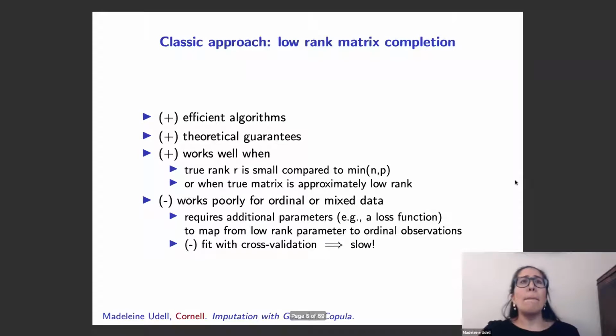So a pretty typical approach to this, and the approach that I would have recommended to you up until this last year, is low rank matrix completion. It has a lot of things to recommend it.